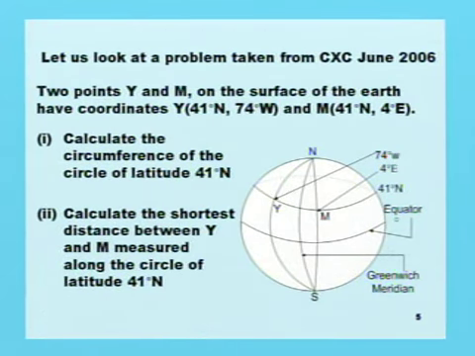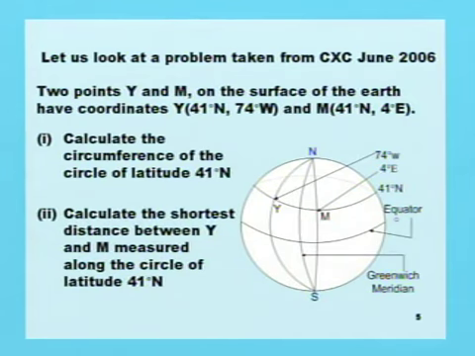Let us look at a problem taken from CXC June 2006. 2 points Y and M on the surface of the Earth have coordinates Y 41 degrees north, 74 degrees west, and M 41 degrees north, 4 degrees east. 1.